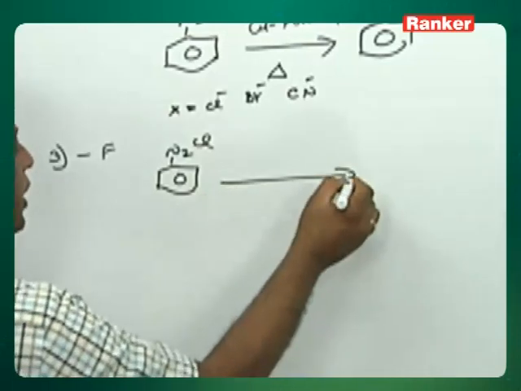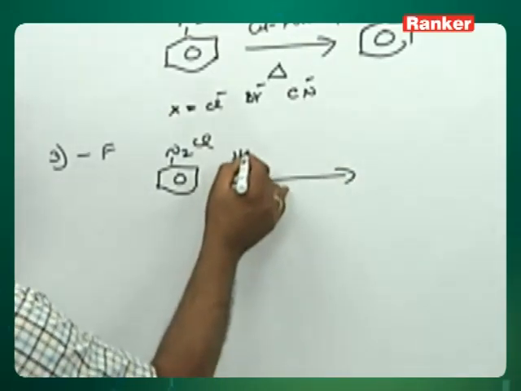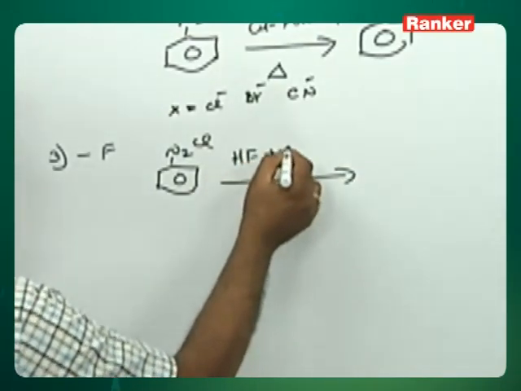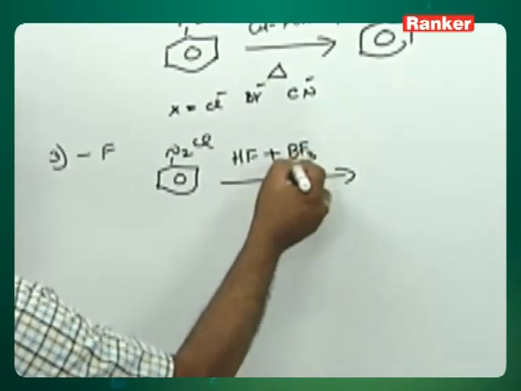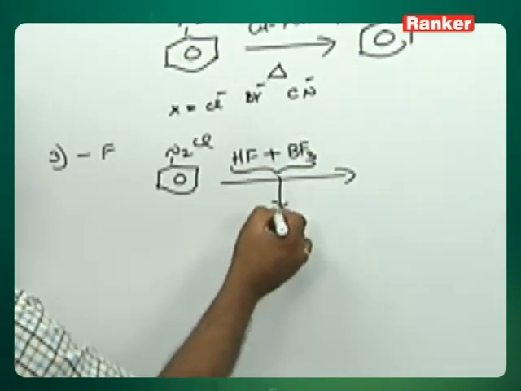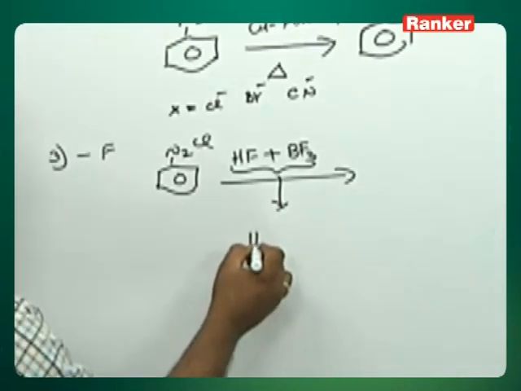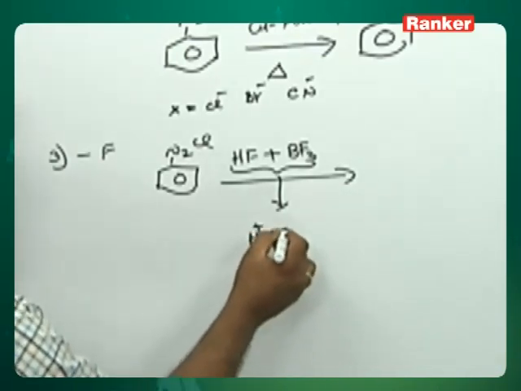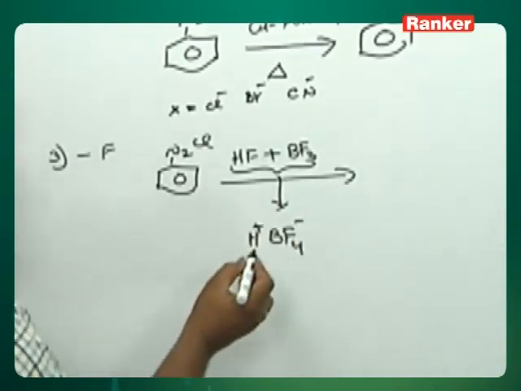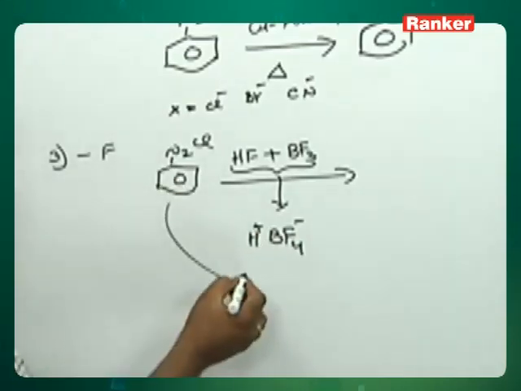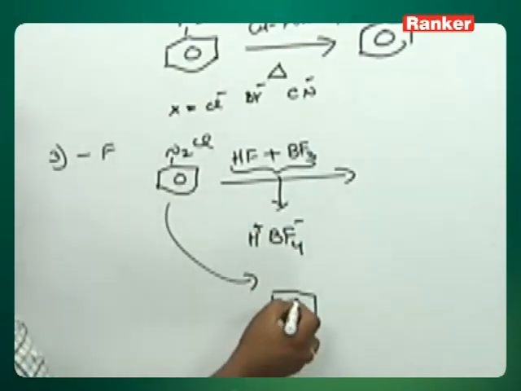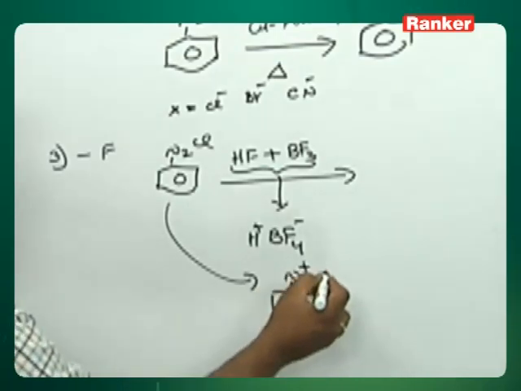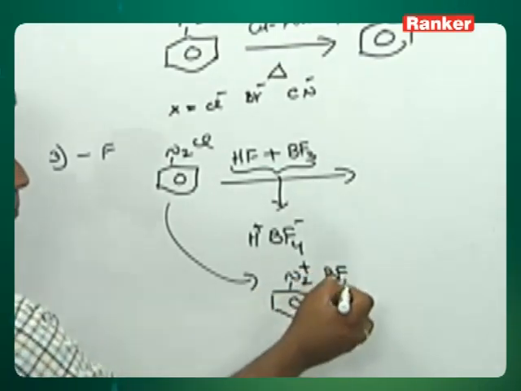N2Cl, treat it with a mixture of HF plus BF3, boron trifluoride. These two initially form a mixture, H plus and BF4 minus. A salt is formed. This salt will react and then gives an unstable salt like N2 plus and BF4 minus.